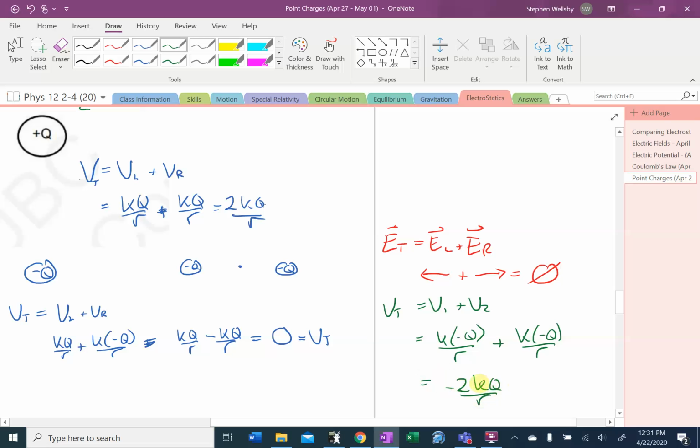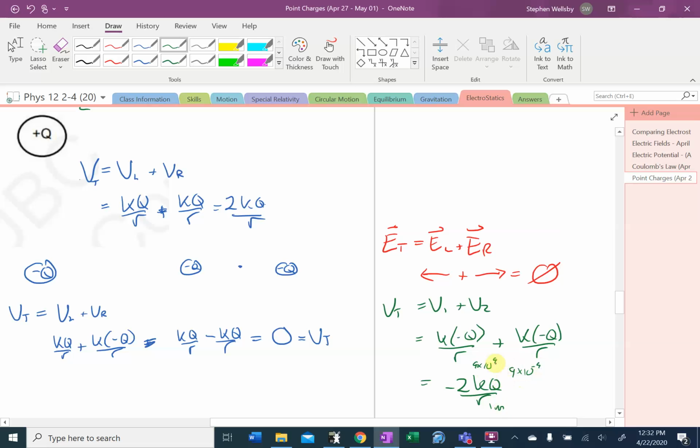So if I knew the value of k, let's say k is 9 times 10 to the 9, and let's call this 1 meter. I'm just going to give you an example calculation here, and let's say the q is 9 nanocoulombs, so it's 9 times 10 to the minus 9.